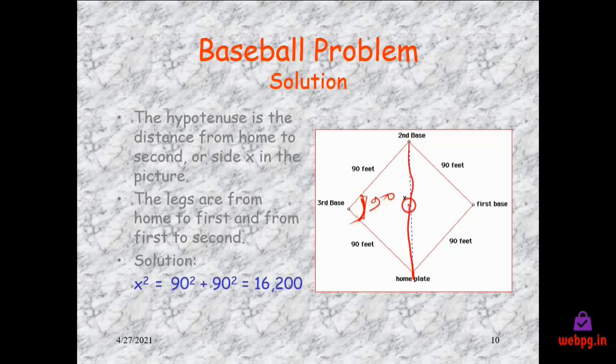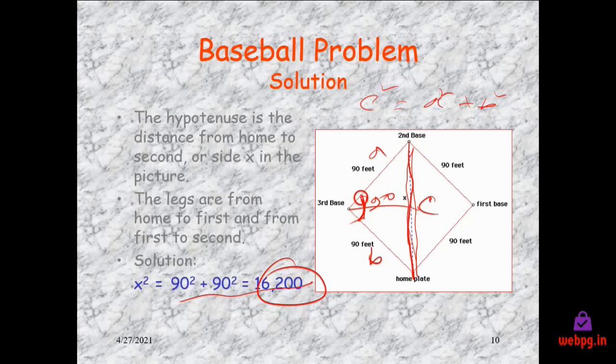And we consider this one our c. So c square is equal to a square plus b square, where a is 90 and b is again 90. So 90 square plus 90 square is 16200. There's no need to divide this to calculate it, and you can get the other the same way, right?